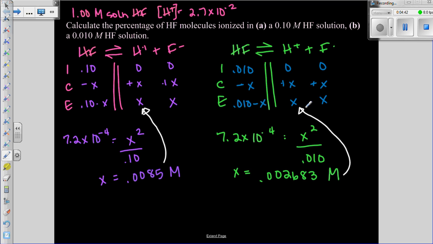If you look at those two values, you ought to notice that the one on the right is slightly smaller, which should make sense because you have an initial concentration that is smaller than the one on the left.